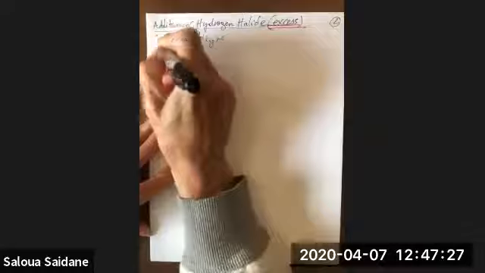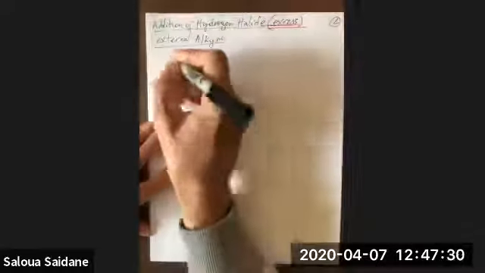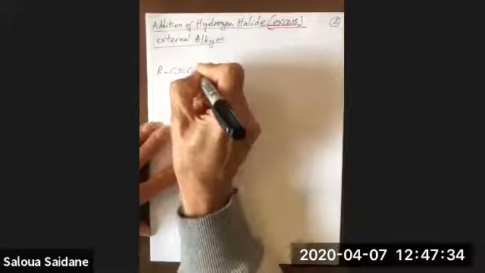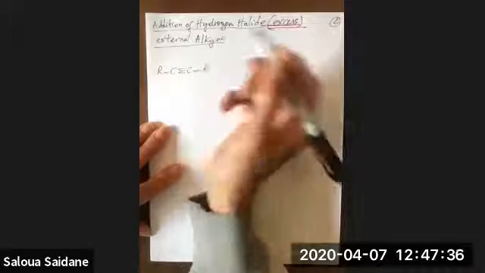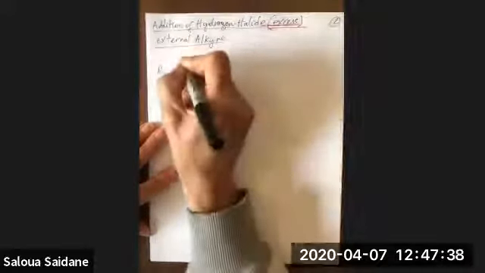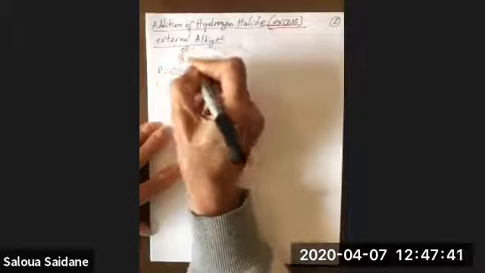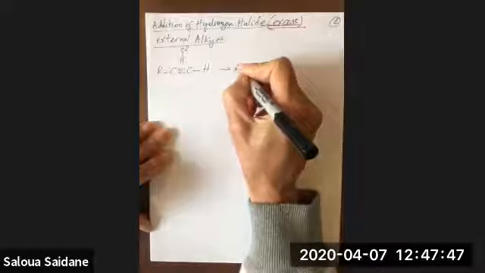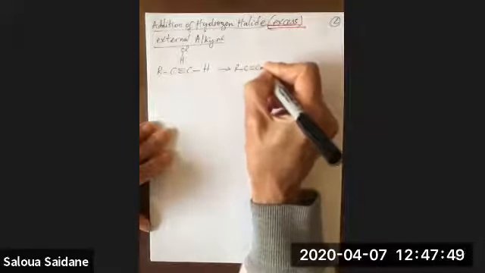So if I have an external alkyne, and I start with an R, C, triple bond, CH. And the first one is the HCl. So we already established the first step is that pi complex. So it's R, C, double bond, CH.